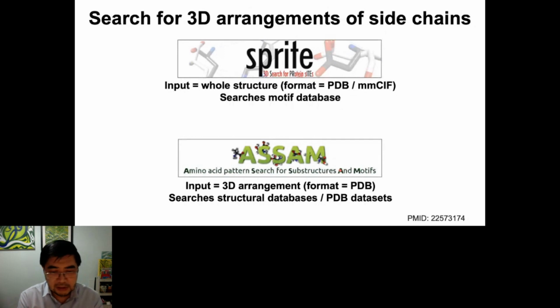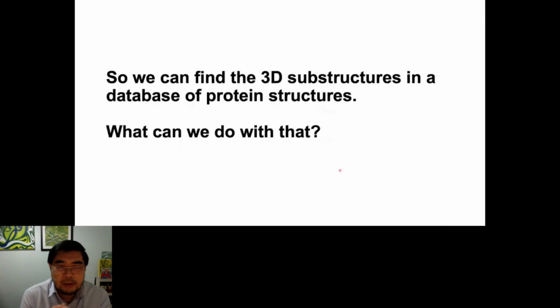In reverse, we've got another program which is also web accessible called ASSAM, which takes the input of a 3D arrangement in PDB format, and it then searches a structural database or PDB datasets. So we can find the 3D substructures in a database of protein structures. We have done the test and we are able to do that.